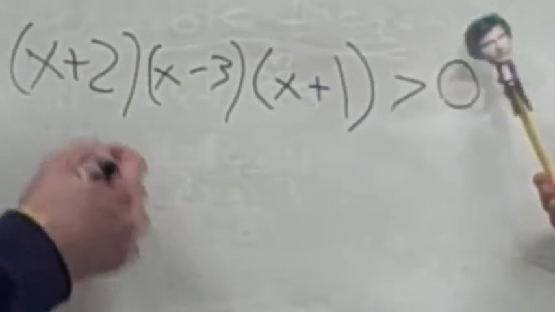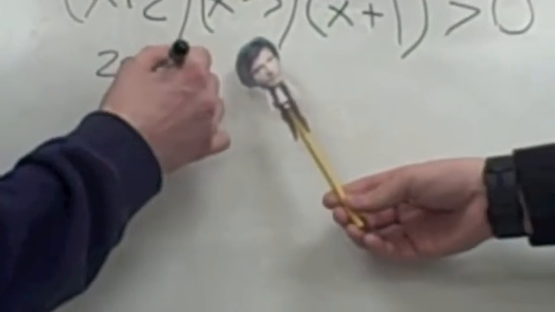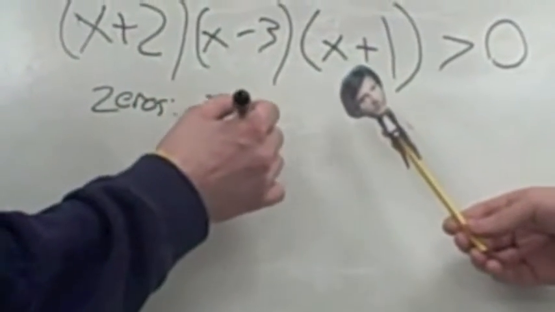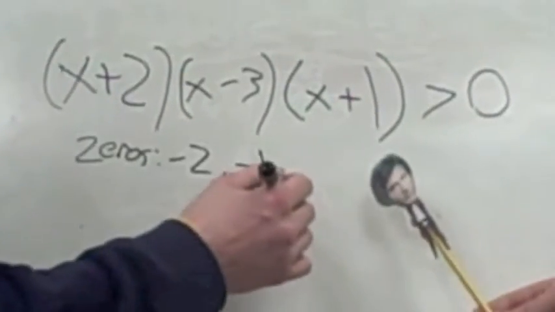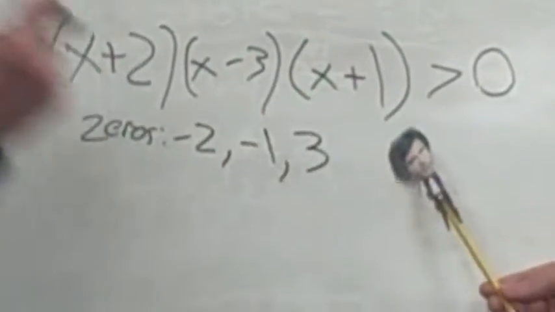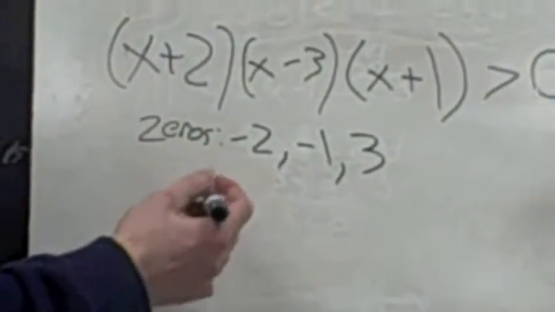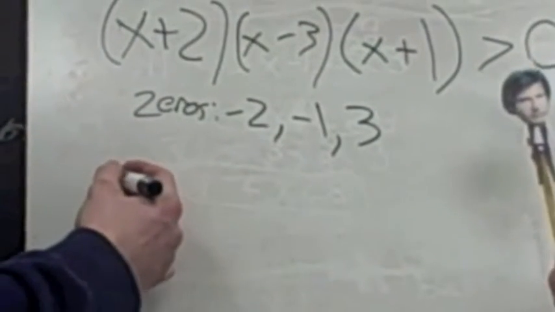State your zeros as negative 2, negative 1, and 3. Using these, you can now make your interval table, with the first interval being x less than negative 2.